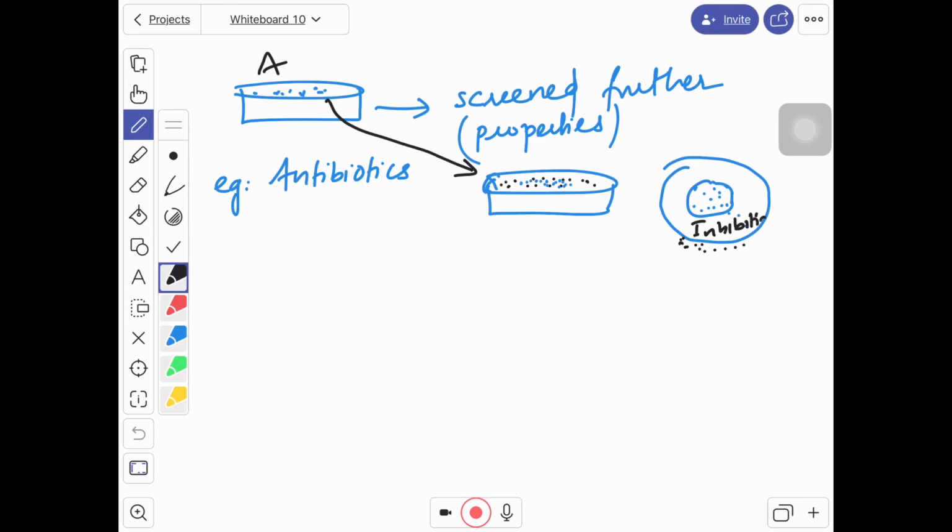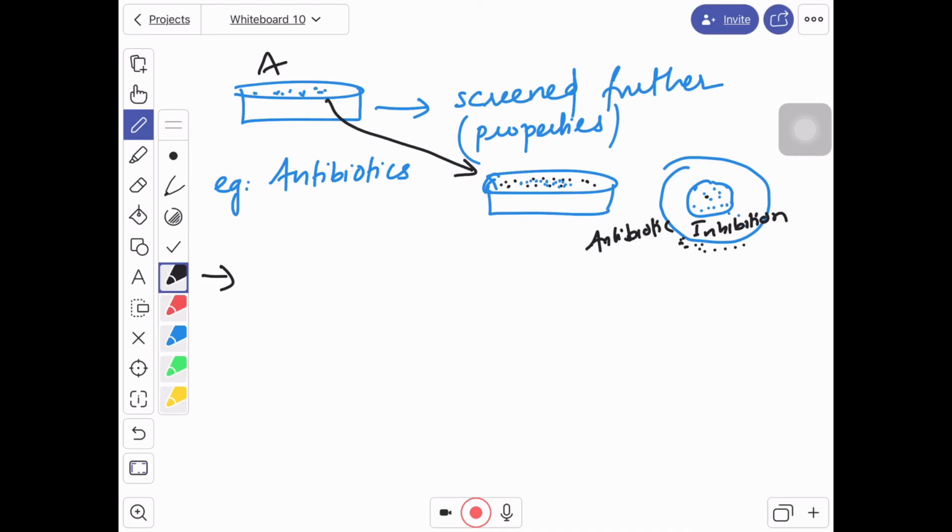This inhibition is due to antibiotic. And this is how we can say that our desired microorganism is producing an antibiotic. If an organism is producing antibiotic, we can screen them by this method.